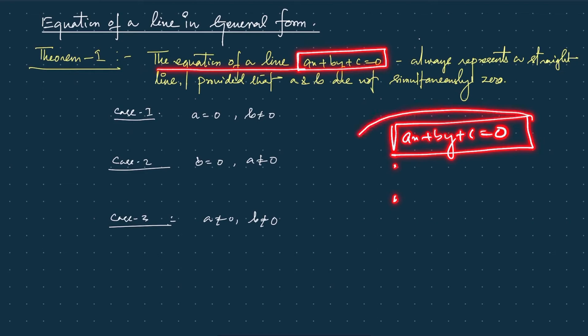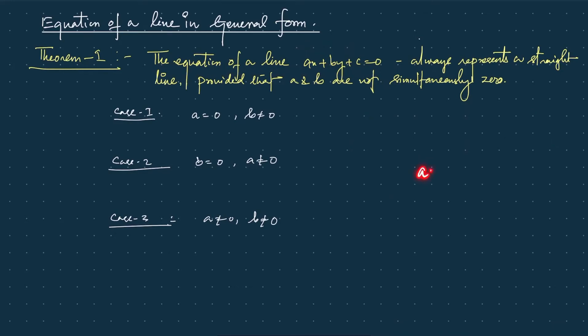But this is the general form of the straight line. a is called the coefficient of x, b is called the coefficient of y, and c is some constant. So the general form of this equation is ax plus by plus c equal to 0. This is the equation of a straight line.